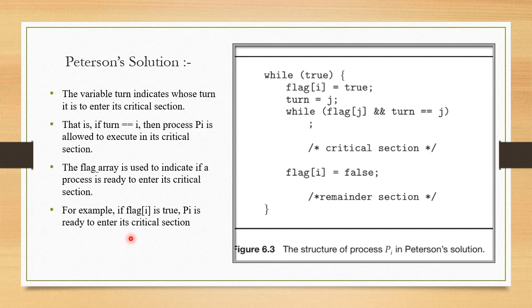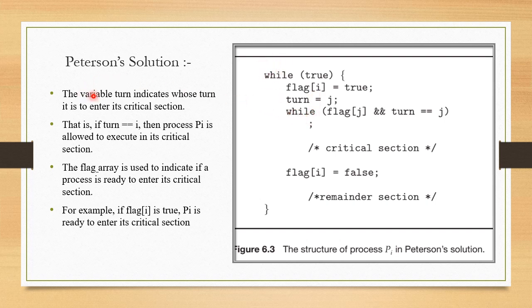So now, what's the solution, right? We have taken a look at all the three requirements. Now, coming to the solution, here is the code given. We'll take a look at that, but first, let's understand what's written in here. Here is the critical section. This is the remainder section. There is a flag array, and there's a variable turn, and this is the while loop, and this is also the while loop.